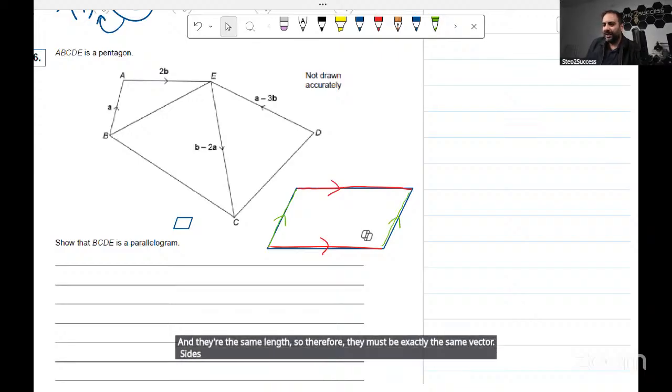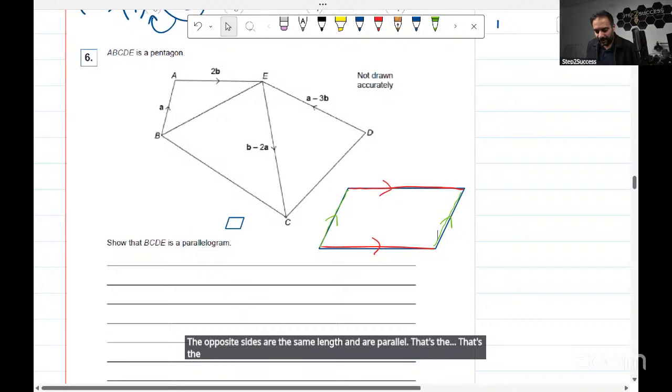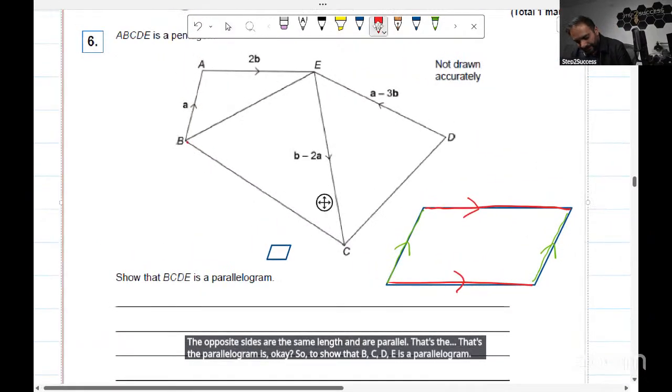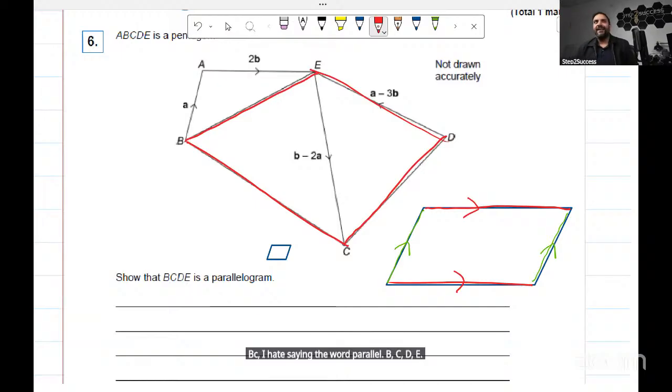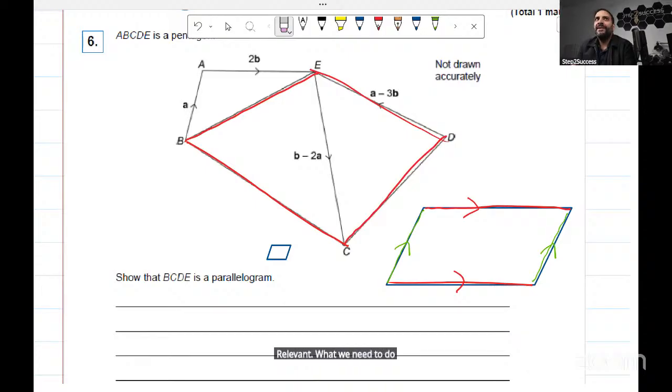Saying the sides are equal is a little bit vague. The opposite sides are the same length and are parallel. That's what a parallelogram is. So to show that BCDE is a parallelogram, clearly it doesn't look like a parallelogram, but that's irrelevant because this is not drawn accurately. What we need to do is look at the opposite sides.